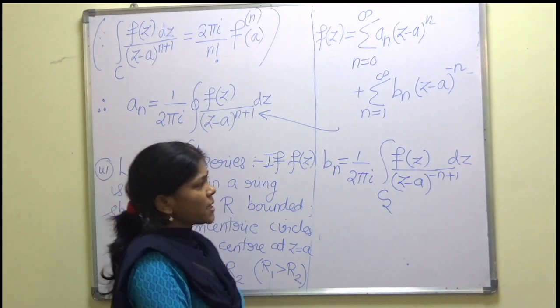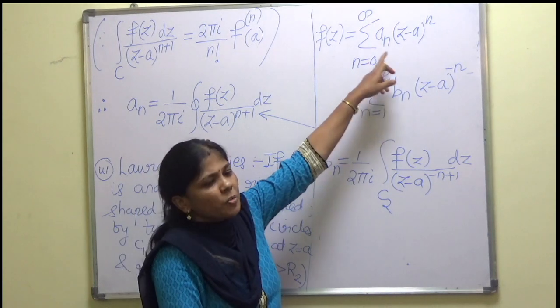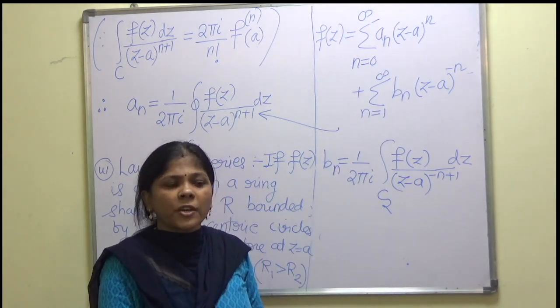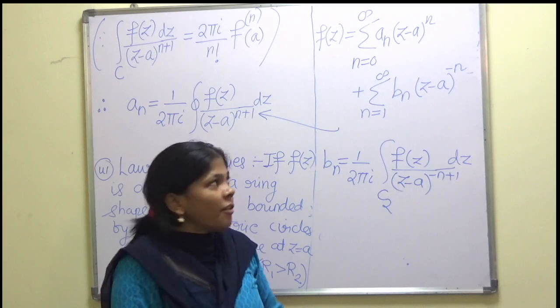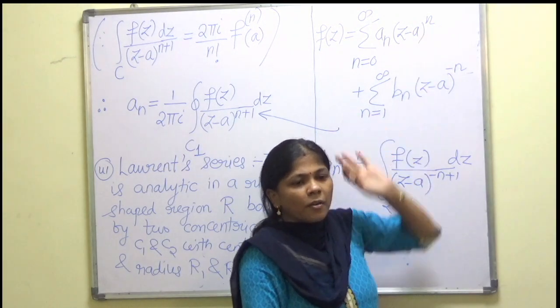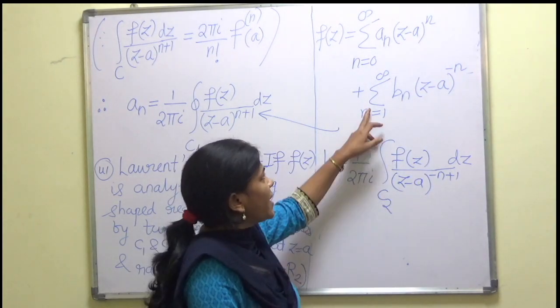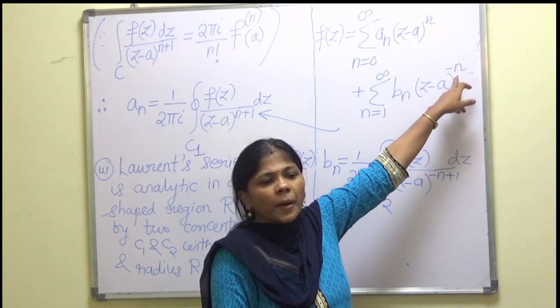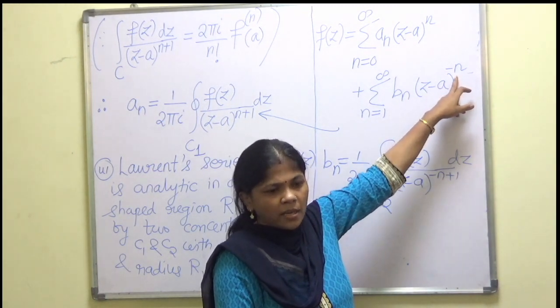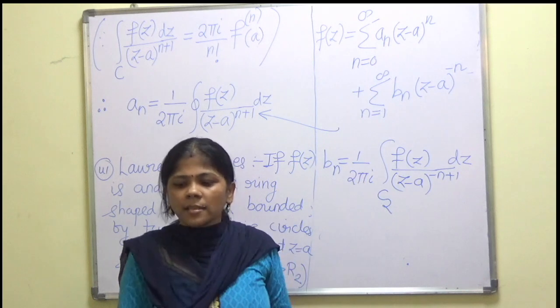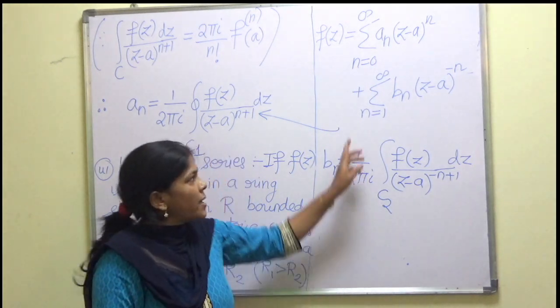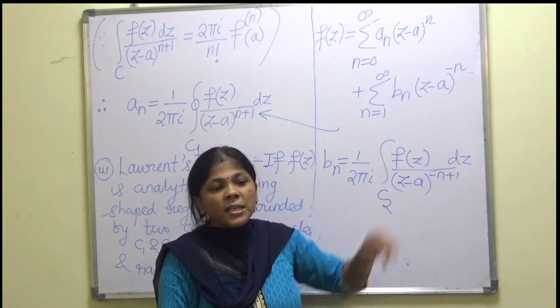Now these two parts: the first part is the same as the Taylor series expansion, where we are finding positive powers of z minus a, whereas the second part has negative powers of z minus a. So the first part is called the analytic part and the second part is called the principal part.